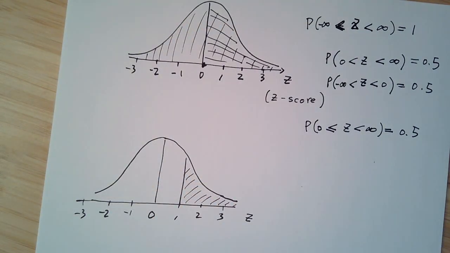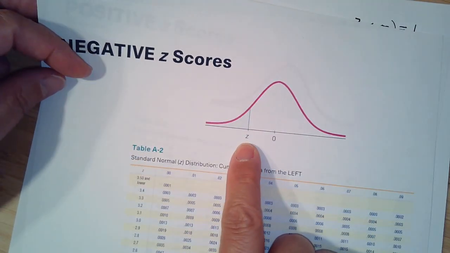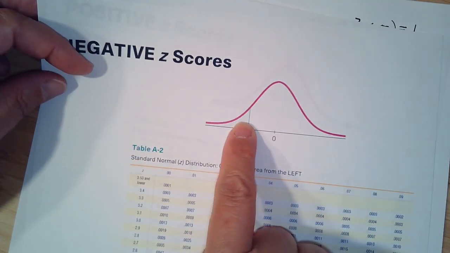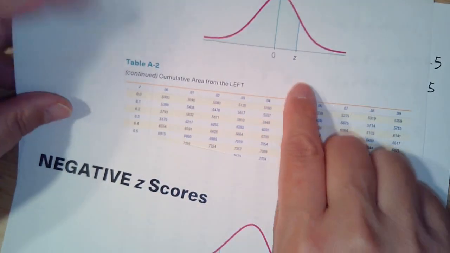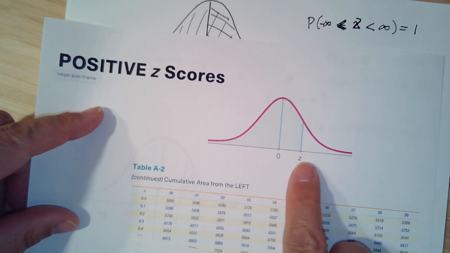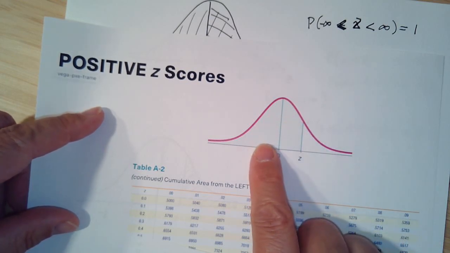Now the other type of table they give you says a negative z-score, see, here is a negative z-score, so they give you the area to the left of it. And then for a positive z-score, they give you the area to the left of it, which is this shaded green area.